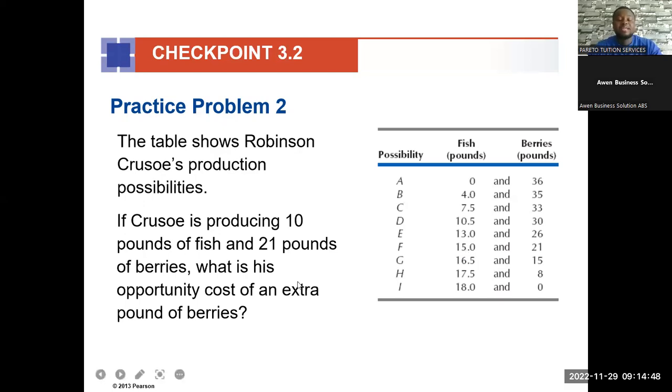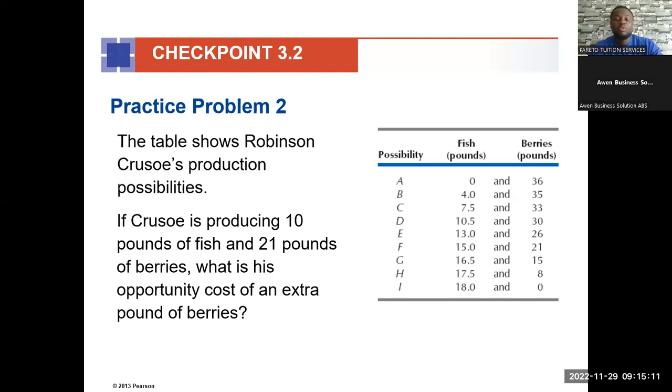So the best way to approach a question like this is to draw the PPF. When you draw the PPF, then you indicate this particular combination. That is where you will know whether there will be an opportunity cost or not. What we have to understand is that when you are moving along the PPF, that is where we do trade-off. The trade-off is the opportunity cost, okay?